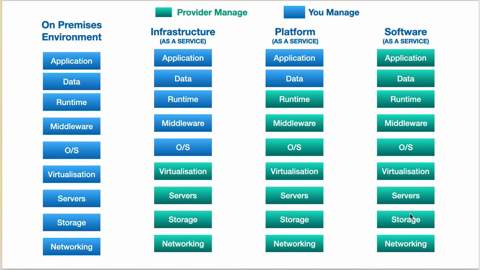We just have to use that software as it is. We have to learn how to use it and utilize it. So here we can see that on the IaaS side, we manage multiple things as compared to SaaS, and hence we mentioned in the previous slide that IaaS offers more flexibility and more customer responsibility.